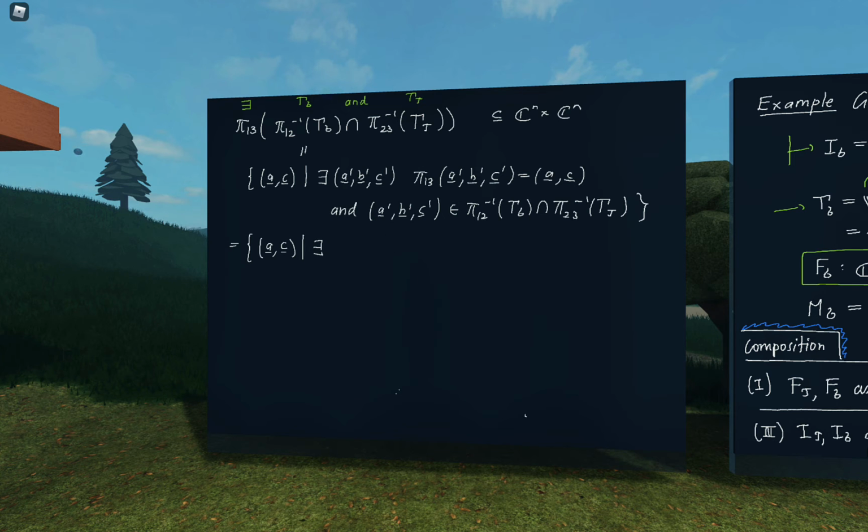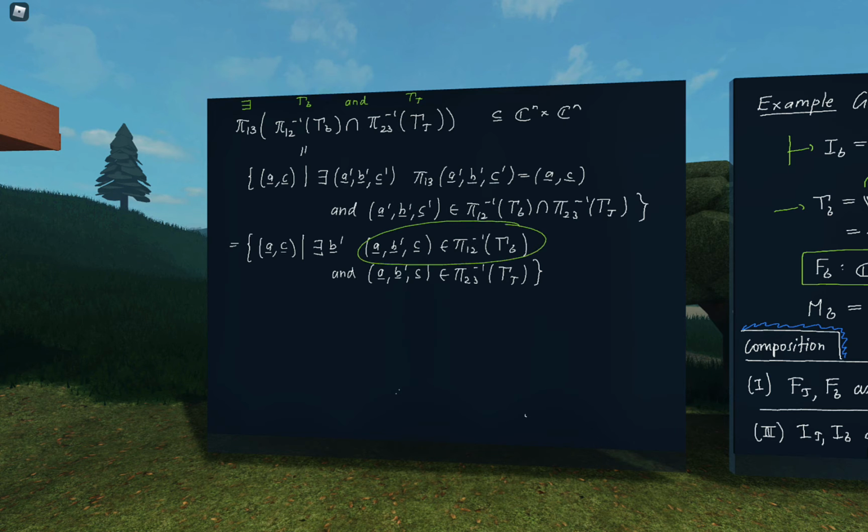So there exists B prime such that A, B prime, C is in that intersection. Well, I'll just do them separately. That's A, B prime, C is in pi2,3 inverse gamma tau.